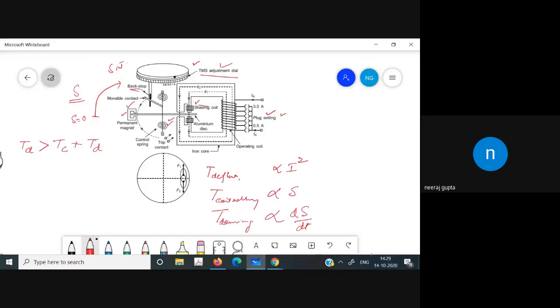Now we have to convert it into an equivalent form using the proportionality factors. Deflecting torque is proportional to I square.